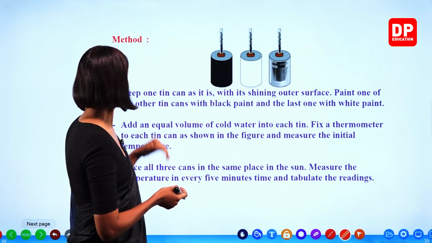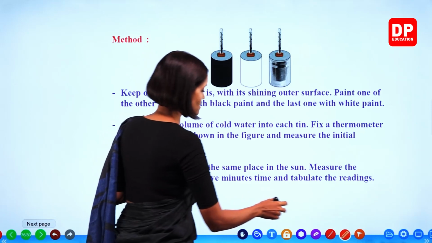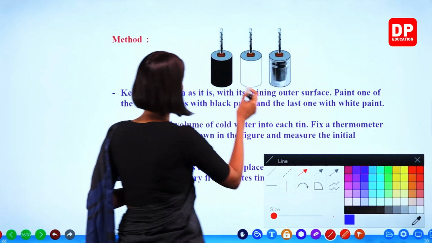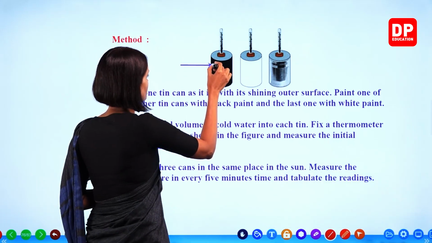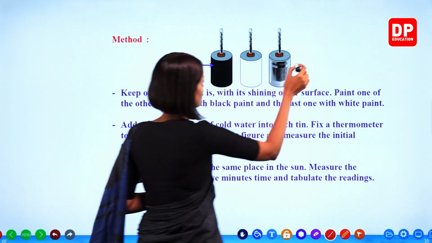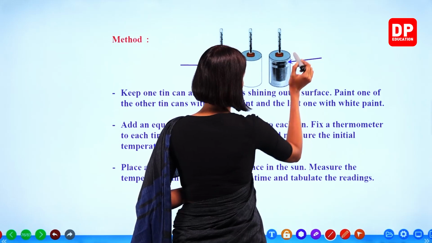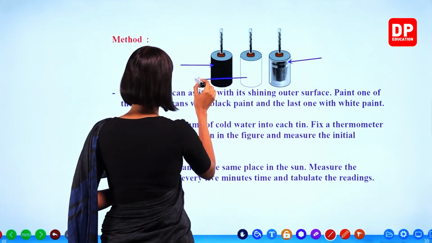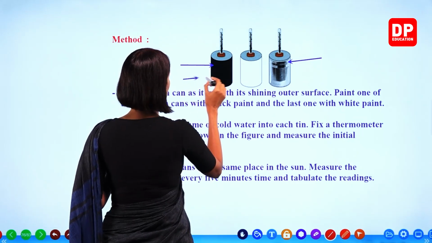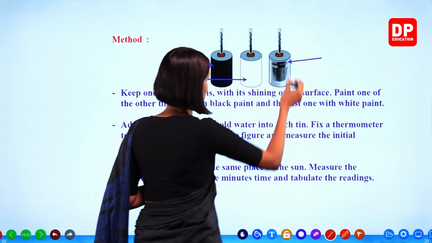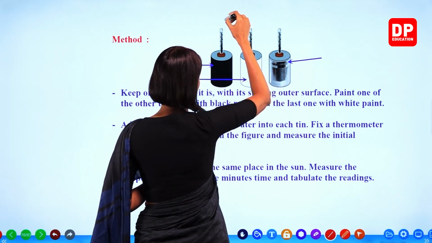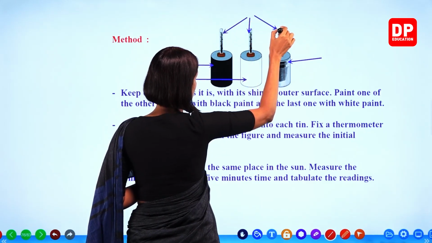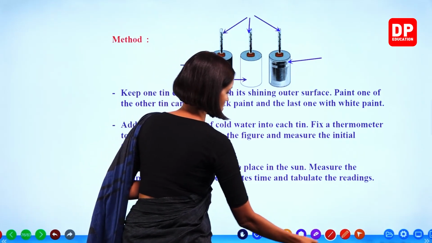Okay, children? So, we will label these diagrams first. Thermometers. Right.